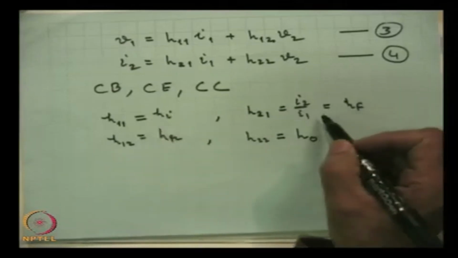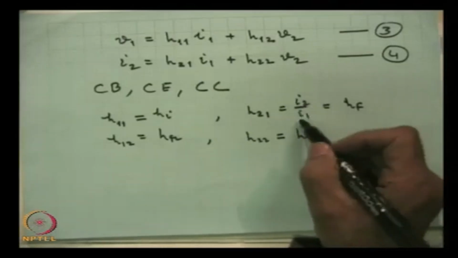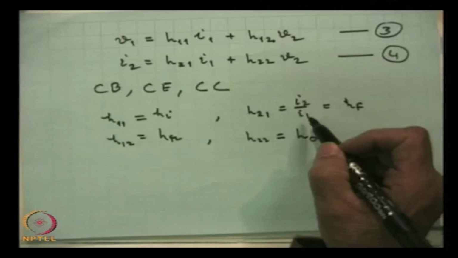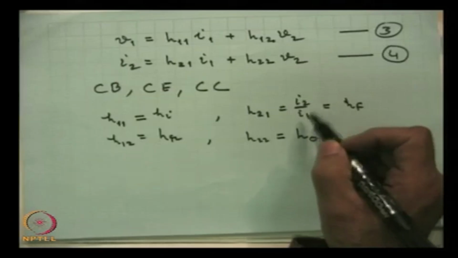And this is the forward current gain, the ratio of the two currents I2 by I1. You remember the fundamental definition of gain for any quantity is the output quantity over the same quantity at the input, that gives the gain.